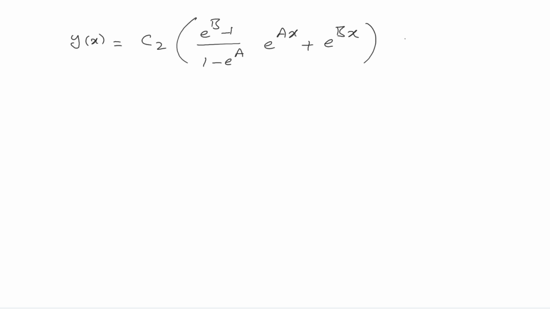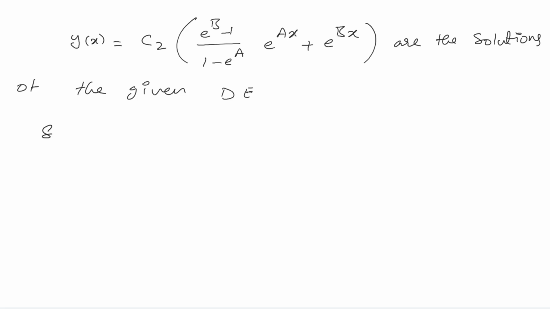So these are the solutions of the given differential equation.